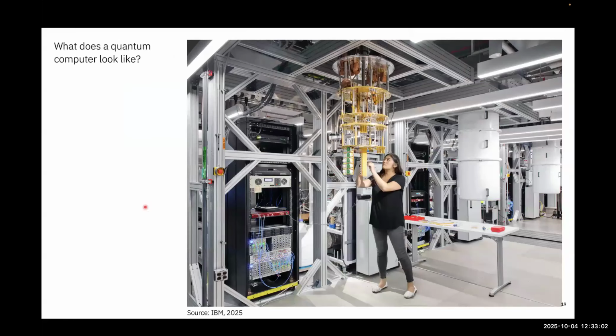Some people are also trying to see if by connecting different fridges, so if this fridge can hold a maximum of say 1,000 qubits, then you have a quantum processor with 1,000 qubits here, you have another one here, and you connect everything together.